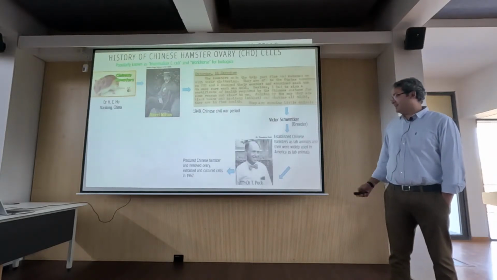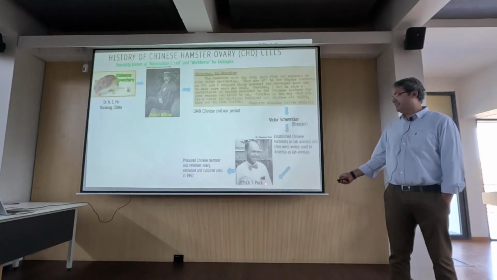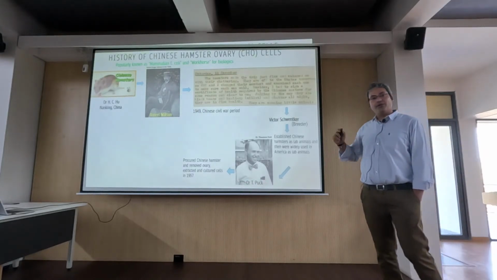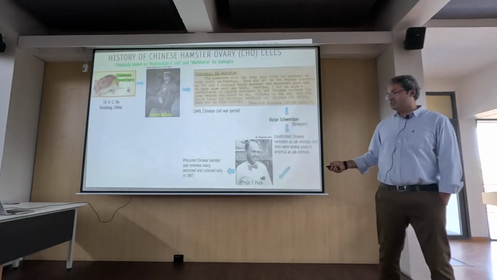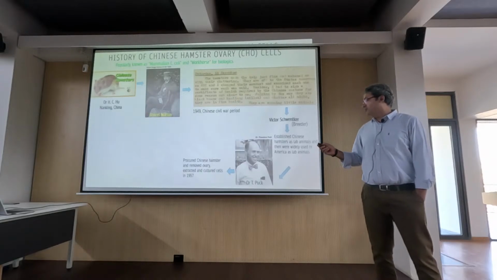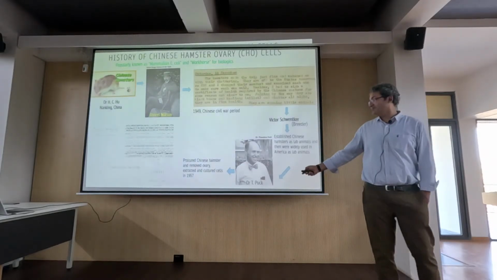So the first cell line, if you have read about CHO cells, was by Dr. T. Puck, who got one female and one male Chinese hamster from his library and isolated ovary cells, and from there the journey of CHO cells in industrial use started.